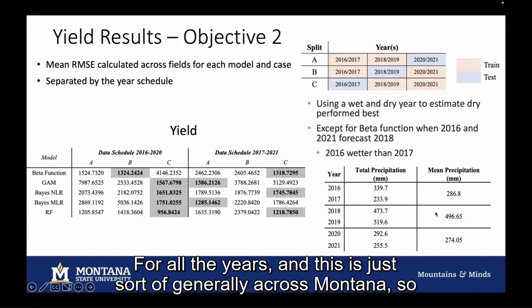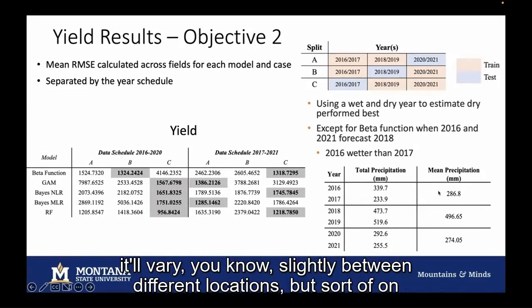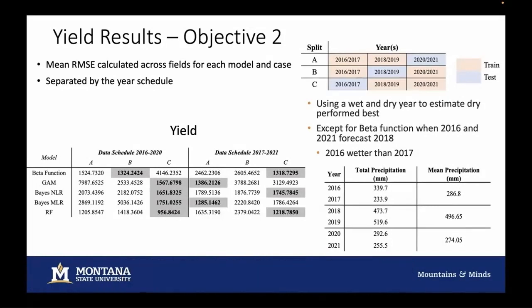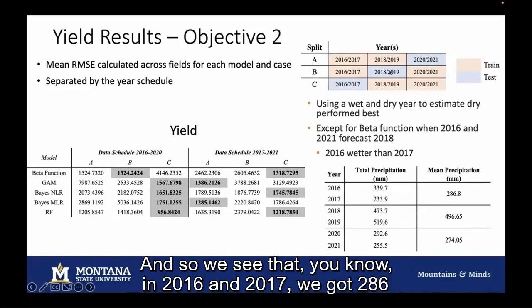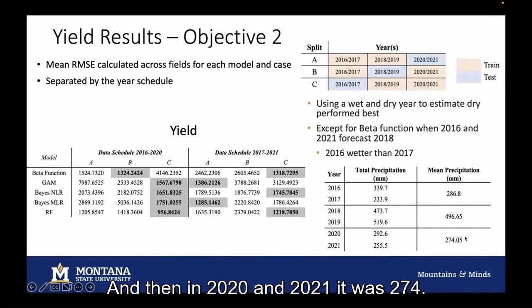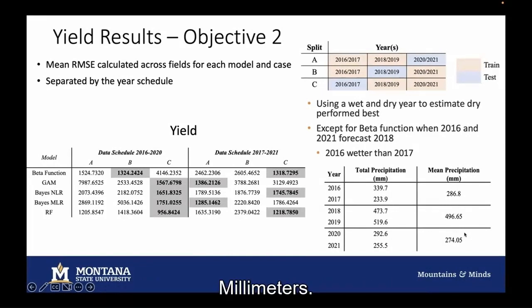And this is just generally across Montana. So it'll vary slightly between different locations, but on average, this is what the precipitation was in Montana. And so we see that in 2016 and 2017, we got 286 millimeters. In 2018 and 2019, it was more wet, almost 500 millimeters. And then in 2020 and 2021, it was 274 millimeters.